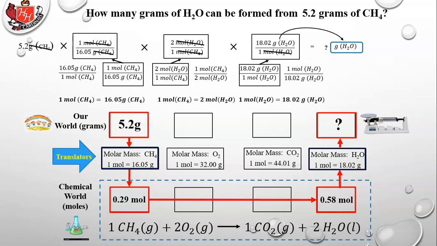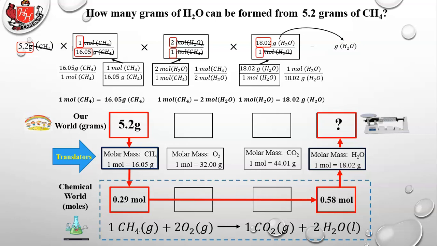Okay, wow, that was a lot. Okay, so here we go. Now we multiply everything on the top and divide by everything on the bottom. Okay, so 5.2 grams times 1 times 2 times 18.02 divided by 16.05 divided by 1 divided by 1.